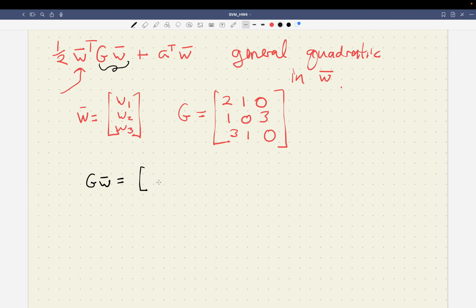So this would be 2W1 plus W2. And we're going to be making a vector here. Okay, and now we do W1 plus 3W3.